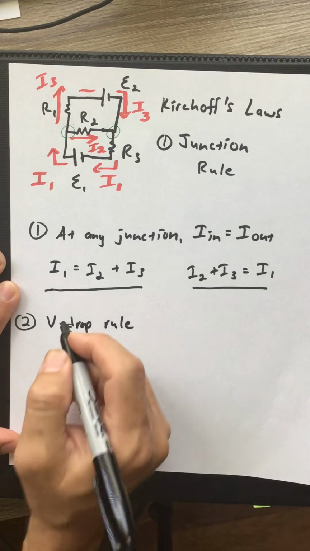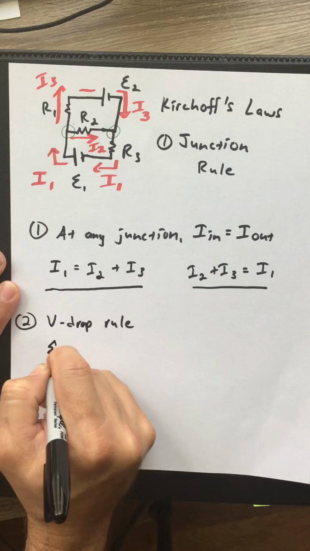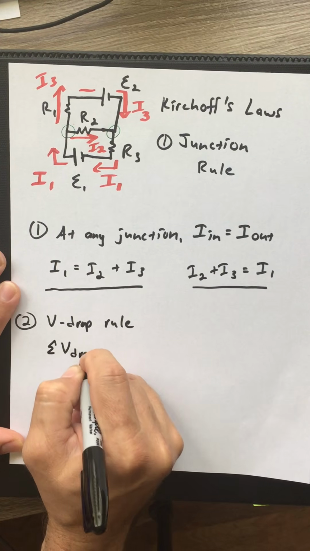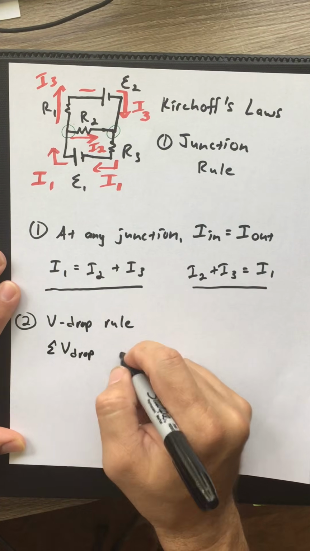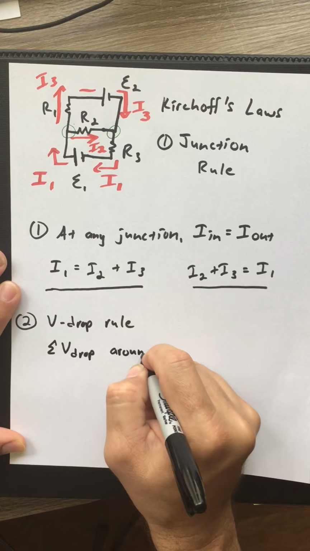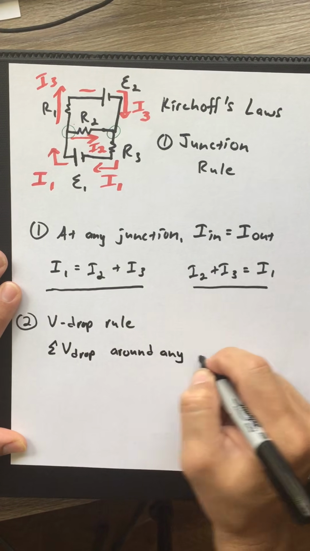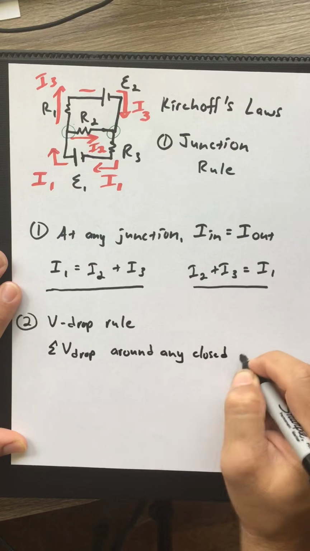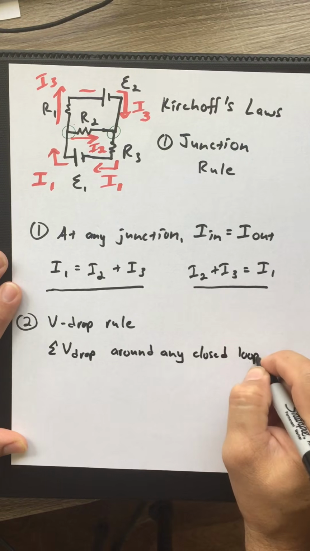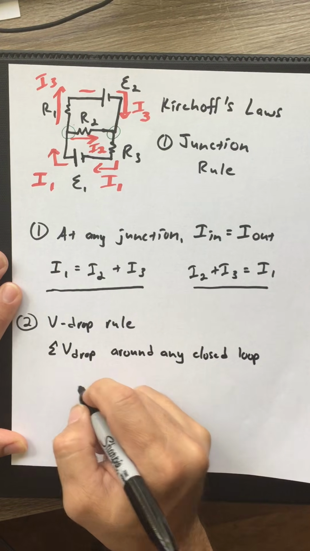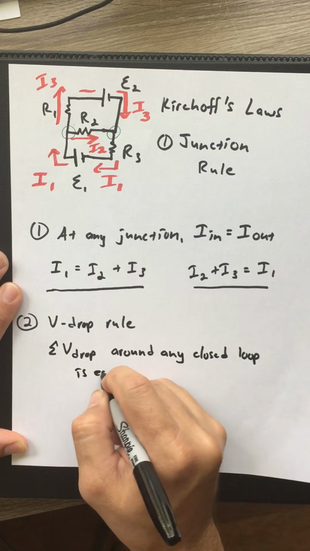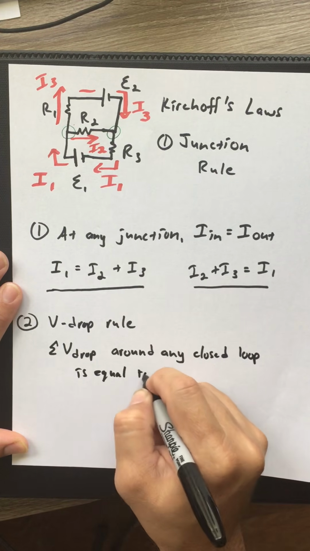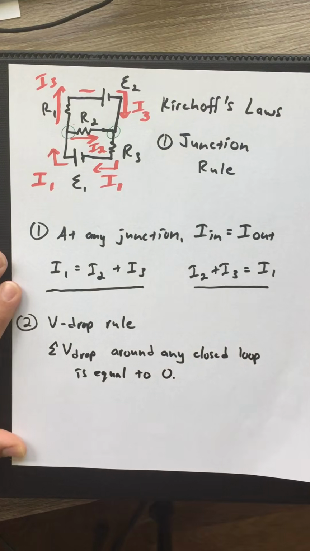This says basically the sum of the voltage drops around any closed loop, closed loop might be a little bit redundant, but that's okay, is equal to 0.